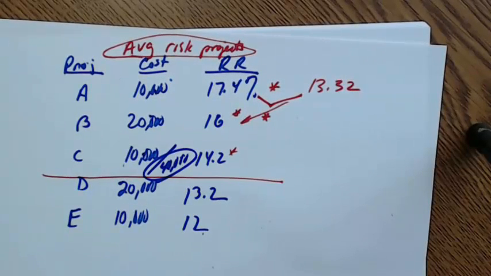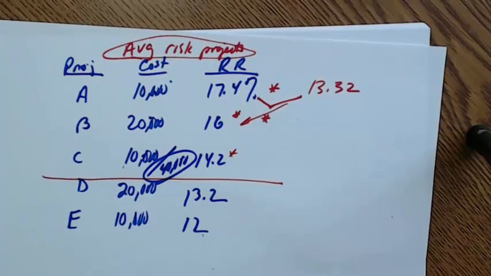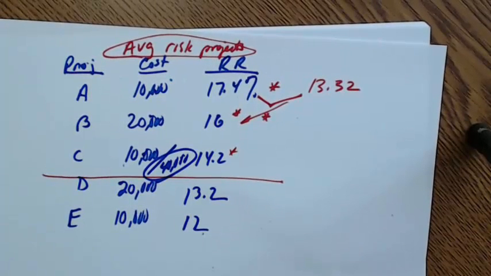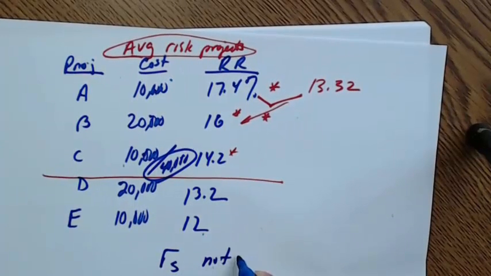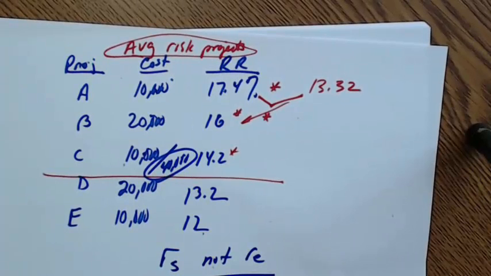Do we have enough retained earnings so that we don't push on our target capital structure? That's the question. In other words, where's our break-even point? Are we below that break-even point so that we can only use RS and not RE? Because the firm does not want to issue common stock. So are we safe, in other words?